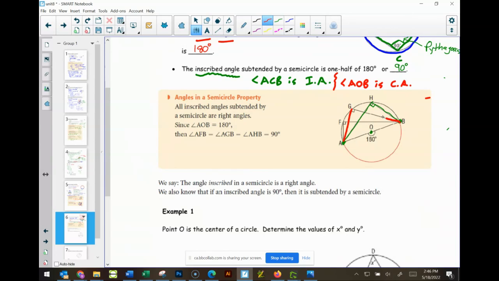So I can find all sorts of ways to find angles and line lengths, knowing that any inscribed angle that comes from a semicircle is equal and 90 degrees.